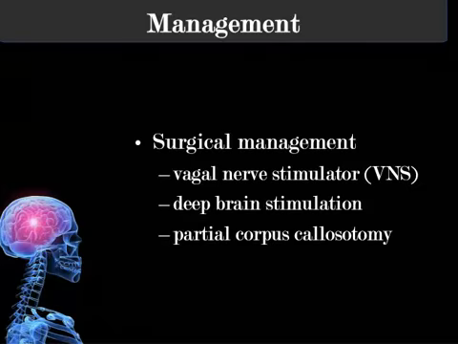There are some other treatment algorithms, and vagal nerve stimulators that are thought to decrease the overexcitability of certain areas, if it's really coming from deep inside the brain. Sometimes there's a partial corpus callosotomy that potentially would decrease the likelihood of spreading the seizure from one hemisphere to the next in terms of massive tonic-clonic type responses.